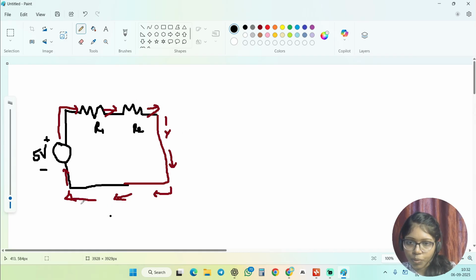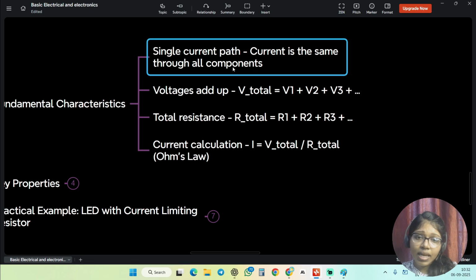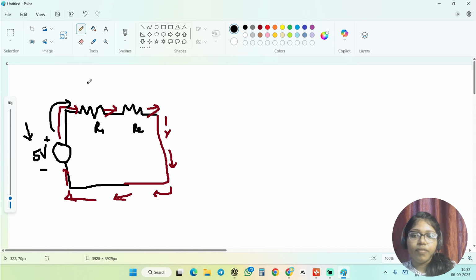So whenever we apply some power, some voltage, the electrons start to move, and the current moves from high potential to low potential in the single direction. So what you need to understand here is, in the single direction path, the current remains the same throughout all the components. So the current is the same in R1, R2, and other components. Why? Because it is a single direction.